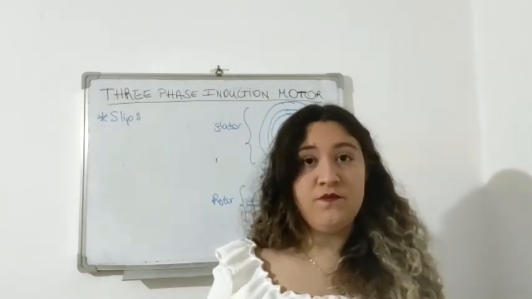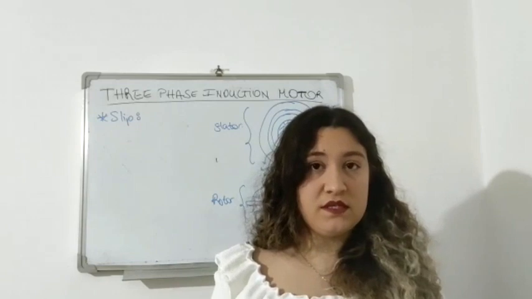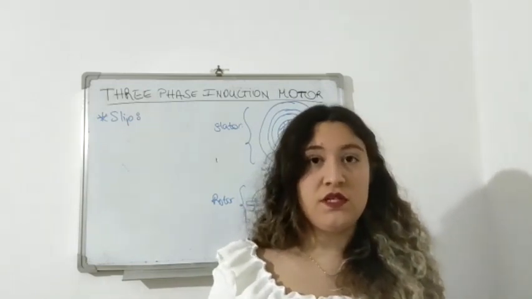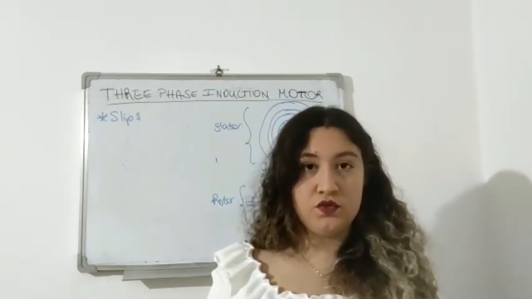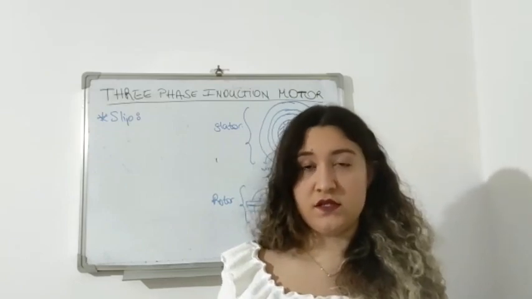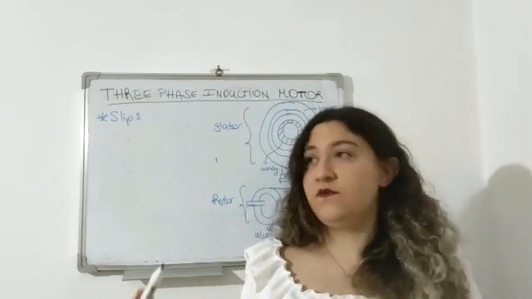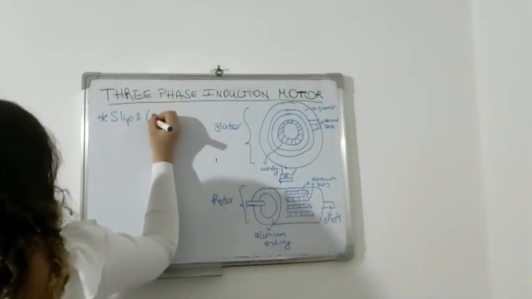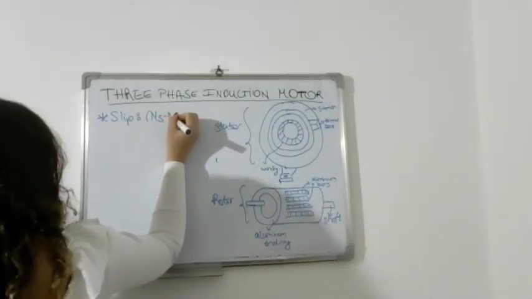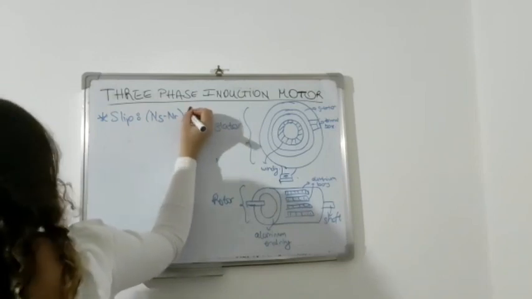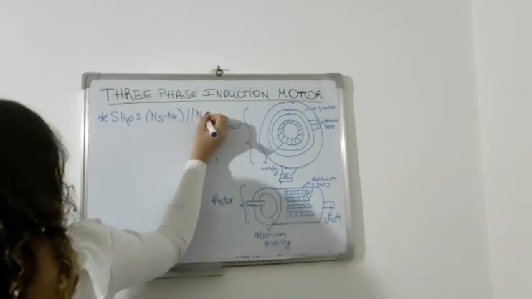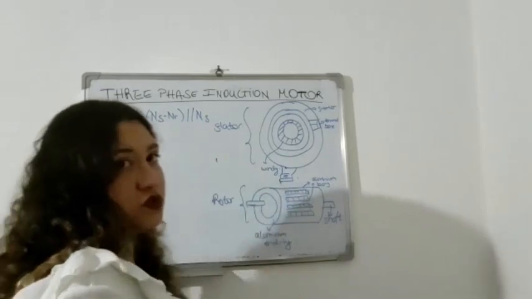If the slip value is greater than 1, it means the rotor turns in the opposite direction to the revolution of the magnetic flux. The slip formula is here.